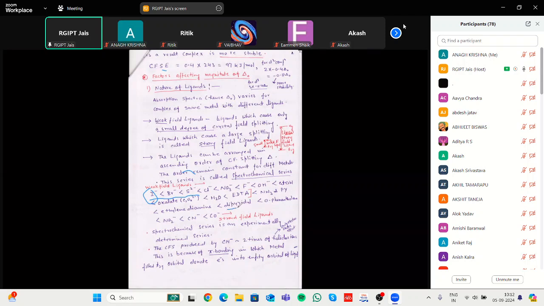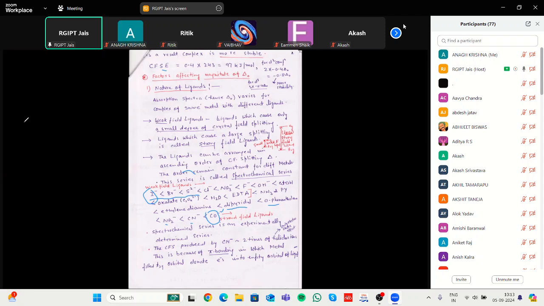After that, bipyridine and orthophenanthroline, and then nitro, cyanide, and CO, carbonyl. Carbonyl is the strongest ligand that can attach to a metal, and has a higher energy compared to the weakest ligand. This ligand field strength affects the CFSE. If a stronger ligand is attached, there is more CFSE.